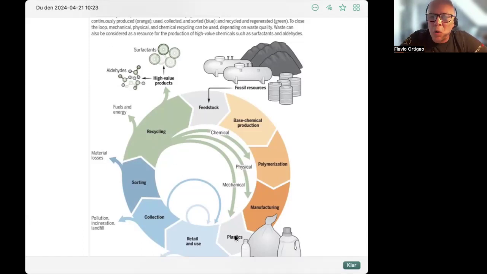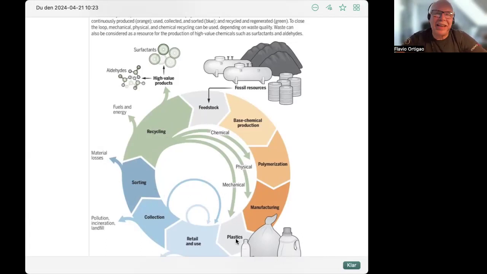I have to tell you that mechanical recycling has very limited possibility, especially if the plastics are blended. Mixed plastics will not go well with mechanical recycling because there will be phase separation. And also all the contaminants that were not sorted out, that are included in the plastics, adsorb to the surface of the plastics, they will come to the plastic again.